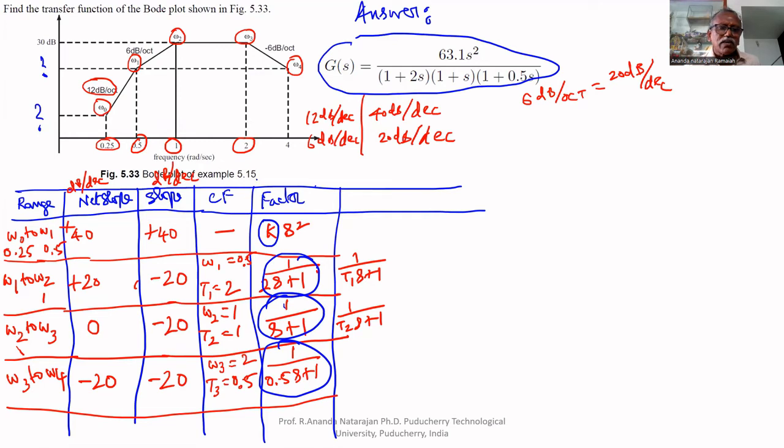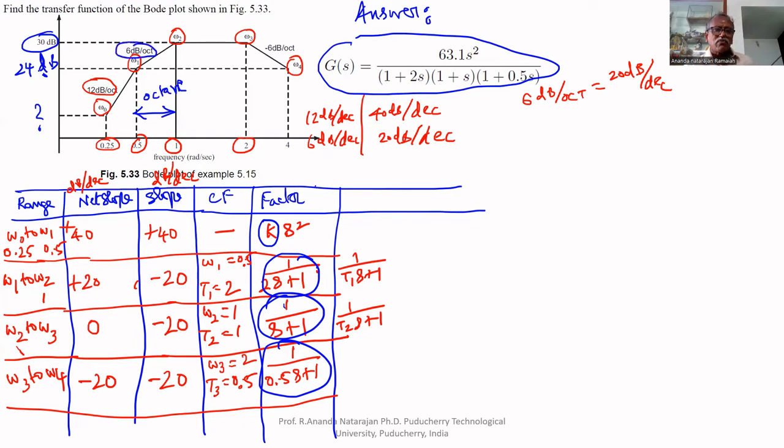Here it is 0.25, here 0.5, here 1. The slope is 6 dB per octave. So here it is 30, and it decreases at the rate of 6 dB per octave going back. Between 0.5 and 0.25 the distance is 1 octave.